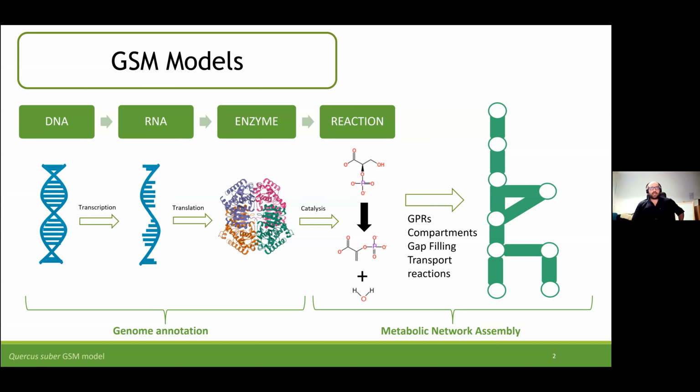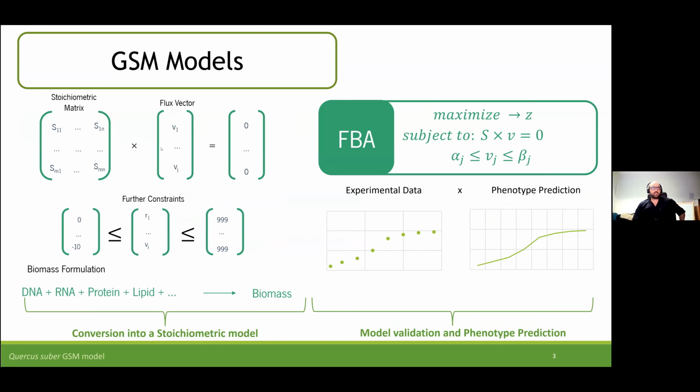When we gather all of this data, we can convert these networks, these sets of reactions and rules, into proper genome-scale metabolic models. For this, we convert all the reaction sets into a stoichiometric matrix and a flux vector, which, following the principles of chemical engineering, we know that in steady state there is no accumulation nor degradation of metabolites.